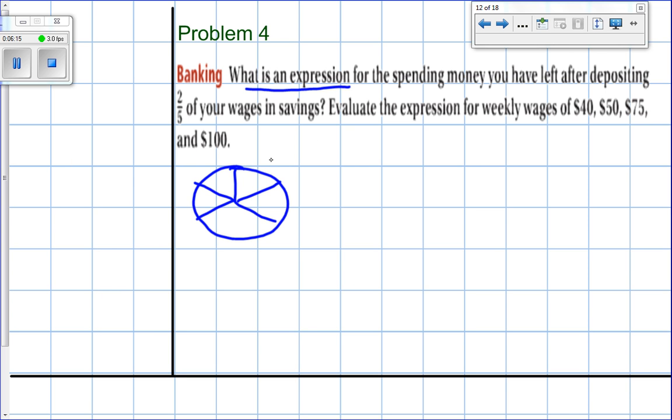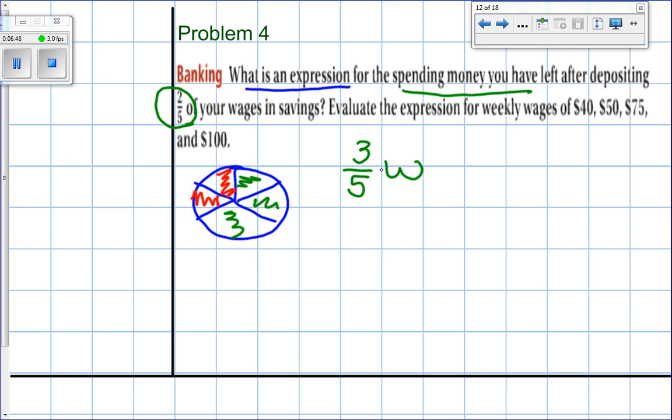Well, if you deposit 2/5 of your wages, what do you have left? Well, if you deposit 2/5, then you have 3/5 left. So you end up having 3/5 of, which means times, your wages.